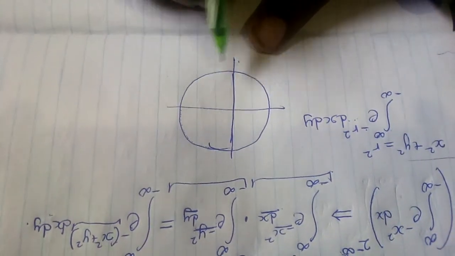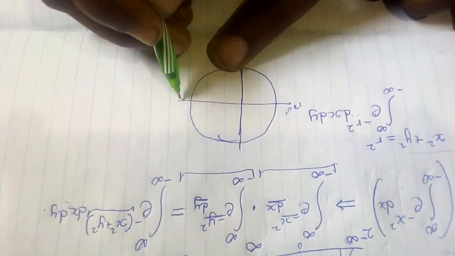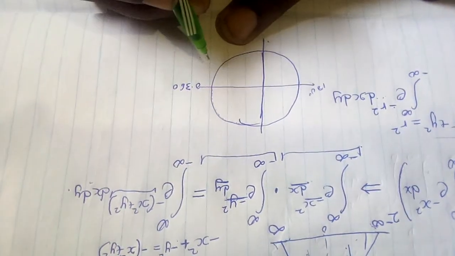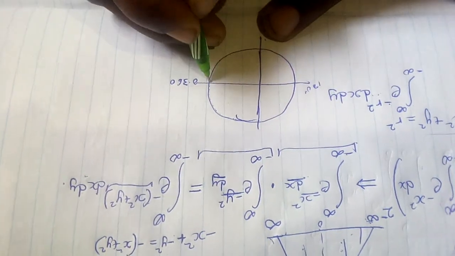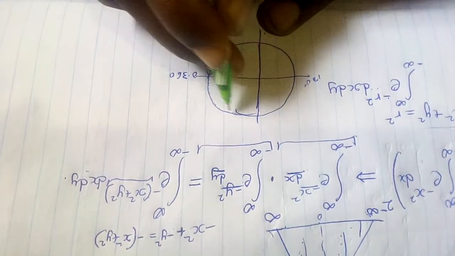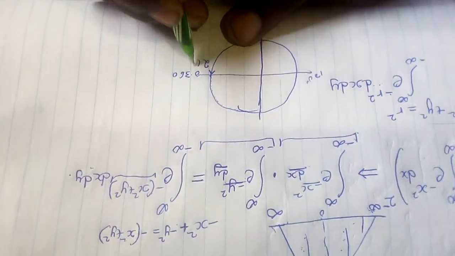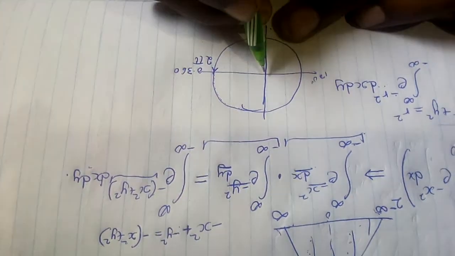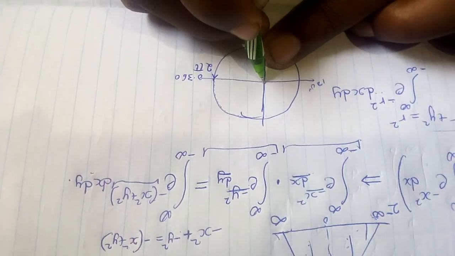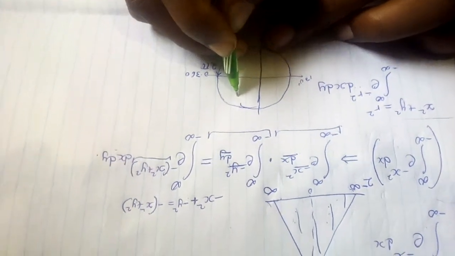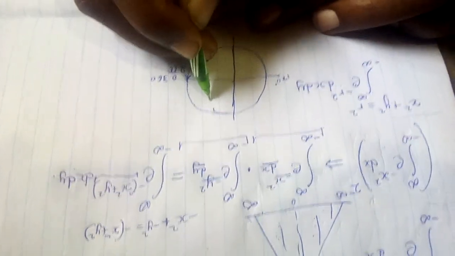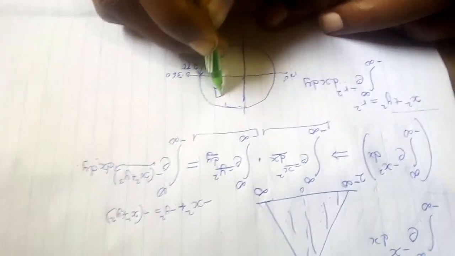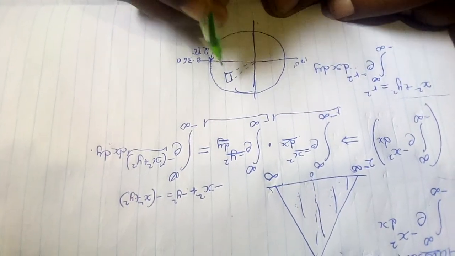We are going to have this one at 0, and it can go to 360 degrees. So from here, we go all the way round to here, that's 2 pi. By so doing, we are going to take a portion and assume that our field of study will be here.